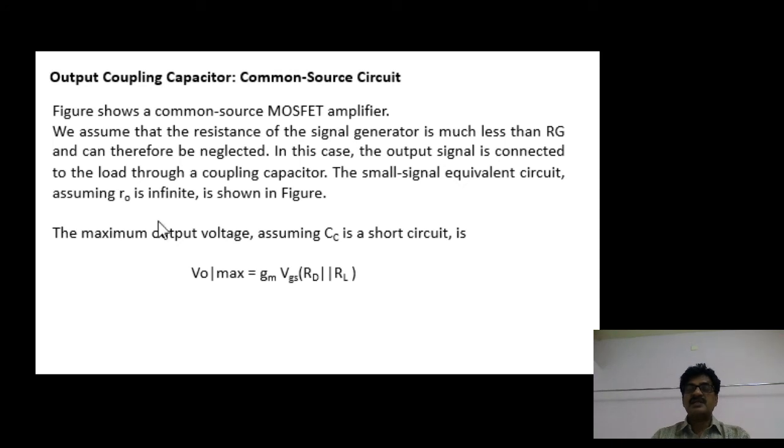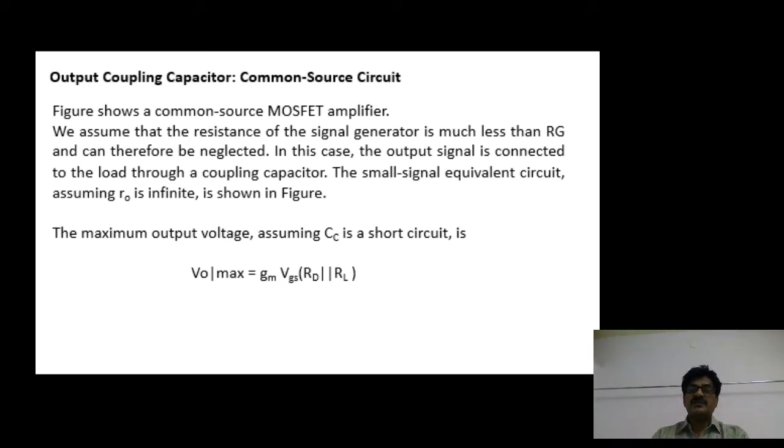Here the maximum output voltage we can expect in this circuit is when the coupling capacitor is short circuit. You know, in the mid frequency range the coupling capacitors act as a short circuit, and in the mid frequency range, whatever gain occurs, that is the maximum.